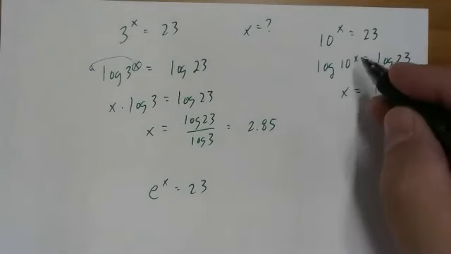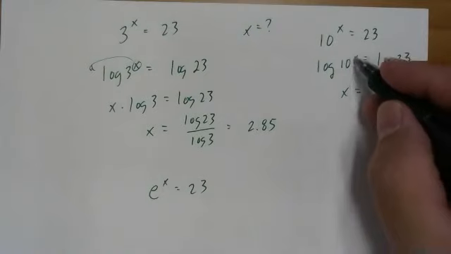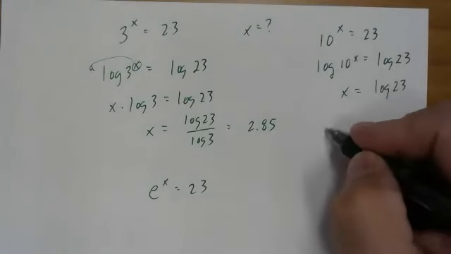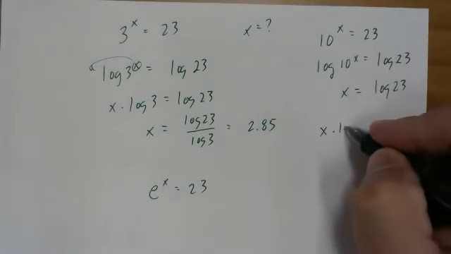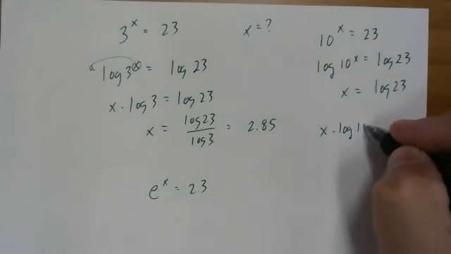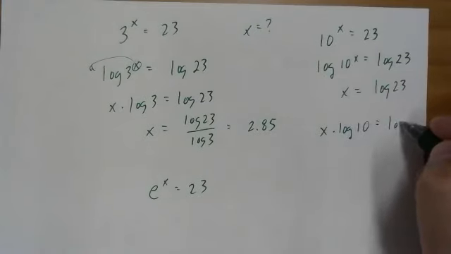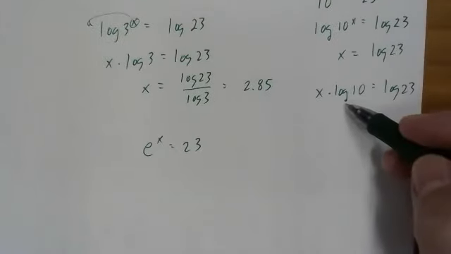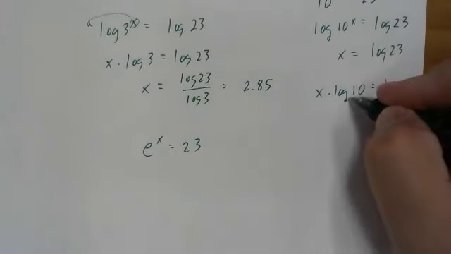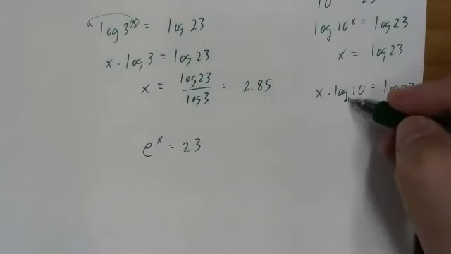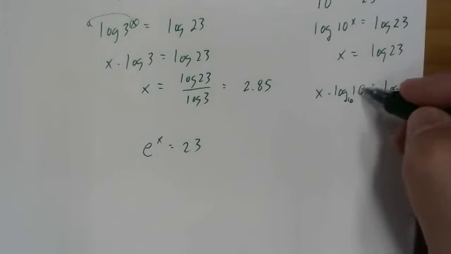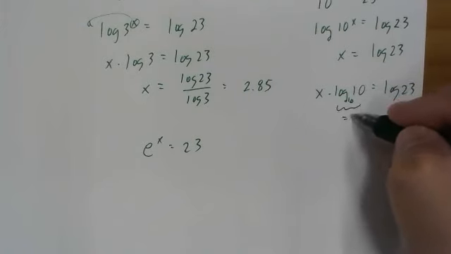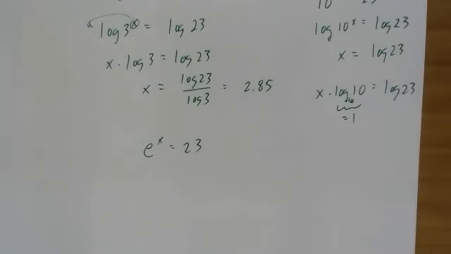Now, for some of you who are wondering, if you do bring the x down front, you would have had this. But in the world of logs, if the base of my log is 10 and what I'm taking the log of is 10, that equals 1.